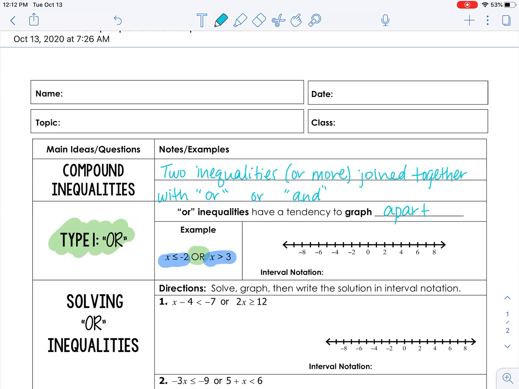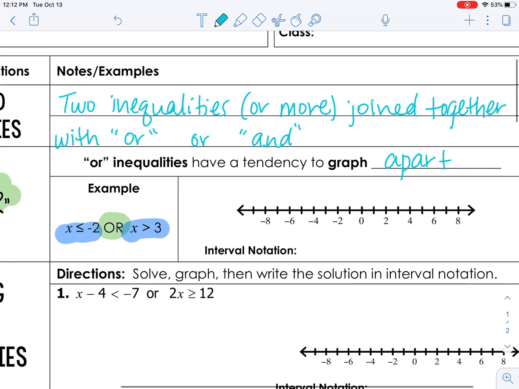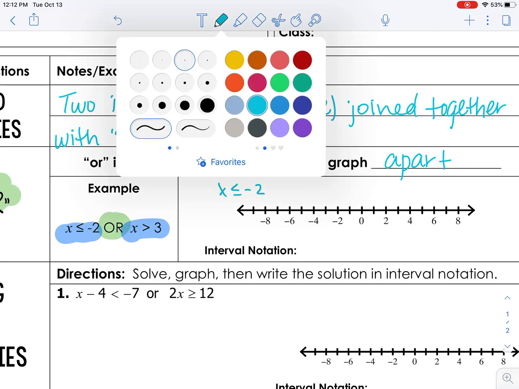And what does that mean? Well, let's take a look. We have two inequalities that we have to graph. The first one is x is less than or equal to -2. So I need to look on the number line and find -2. -2 is right here.